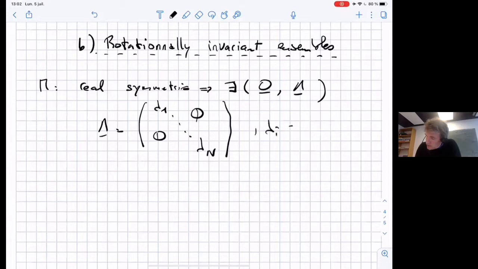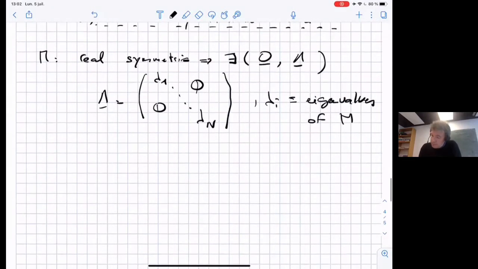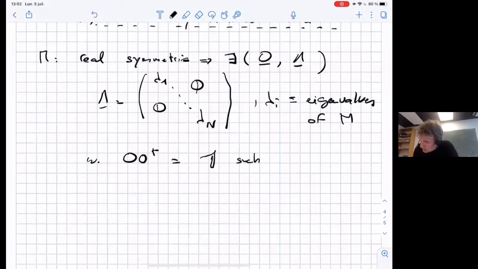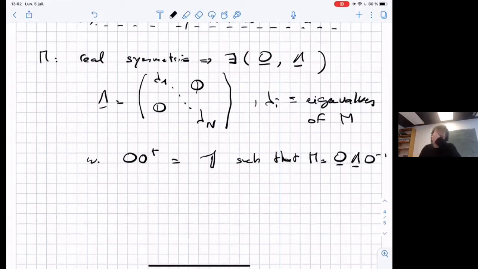The lambda i's are just the eigenvalues of M, and O is an orthogonal matrix, that means that O transpose O equals identity. And such that you can write M as O lambda O minus 1, or O lambda O transpose.